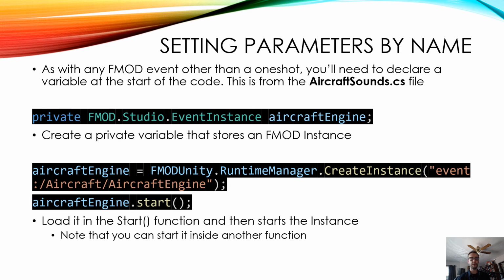Then, because this is starting as soon as the object is created, that's going to happen in the Start function, so I just go directly on the next line, aircraftEngine.start. Parentheses open, nothing in between, close parentheses, terminate with a semicolon. You could start it inside another function, but again, like I said, this is starting immediately when the object is created, so it's in the Start function.